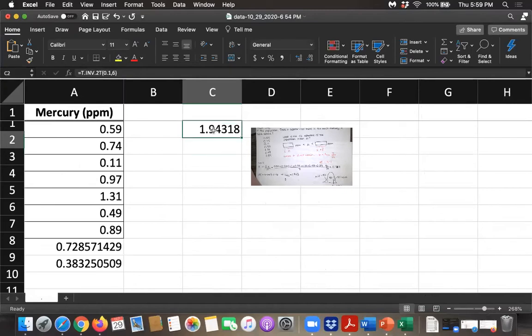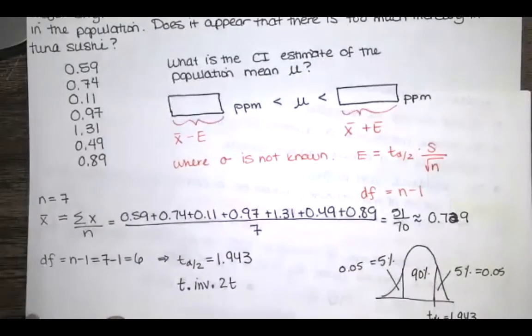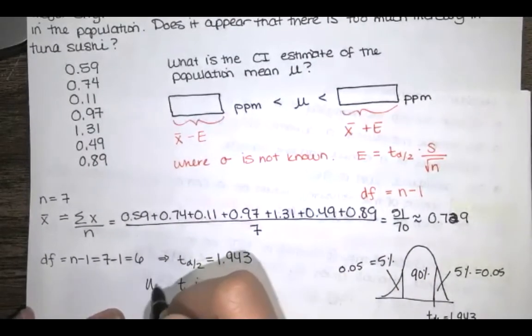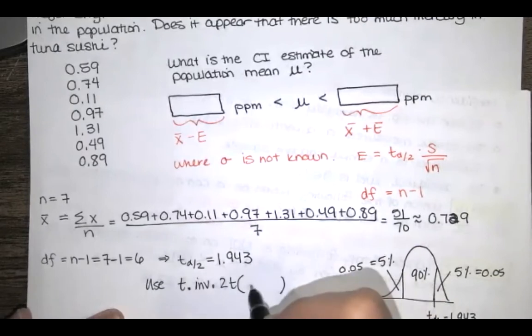So the function that I used here was T dot INV dot 2T for 2-tailed. So we use this function in Excel.